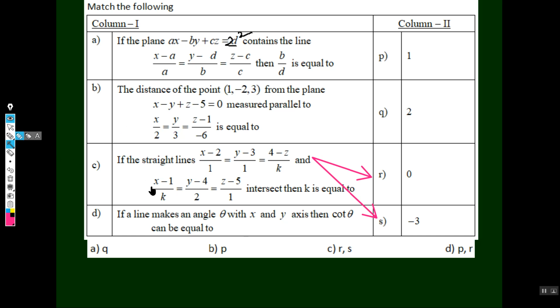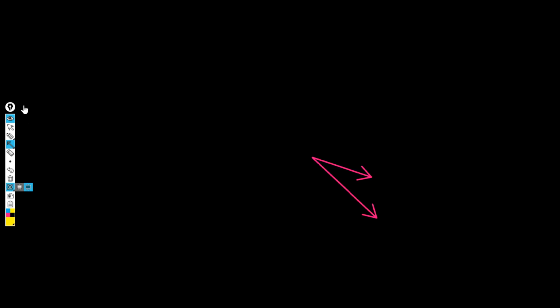Similarly, D question is, if a line makes an angle theta with x and y axis, then cot theta can be equal to. Good question, which is related to trigonometry. Everyone, please go through the question once.